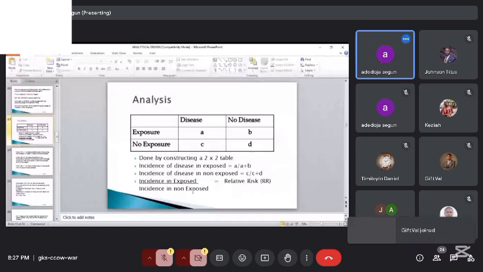I said for the cohort study, when the researcher is trying to start the study, the researcher gets participants and divides them into two groups. The first group, group 1, they are exposed to the disease of interest of that researcher, maybe the researcher is trying to look at the effect of unprotected sex on development of HIV.